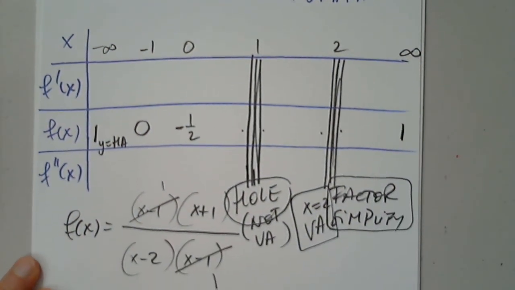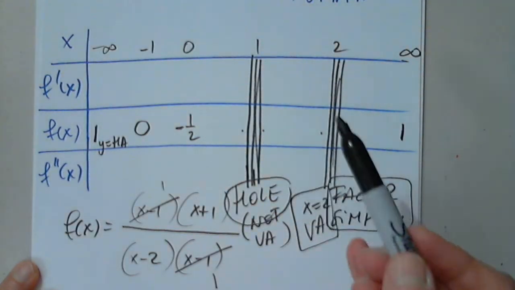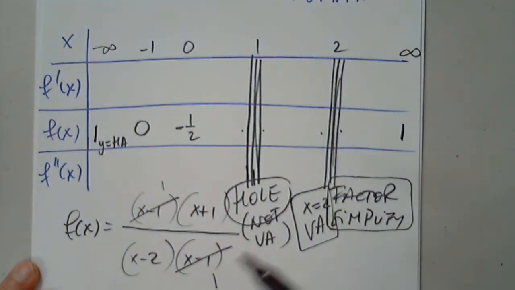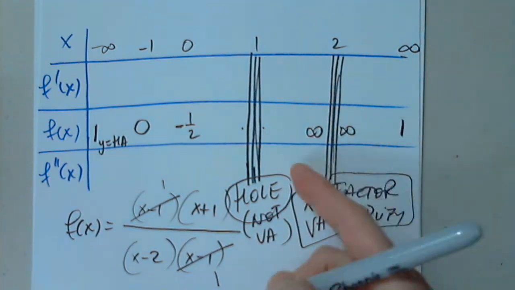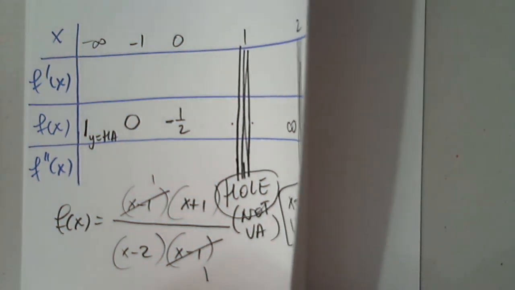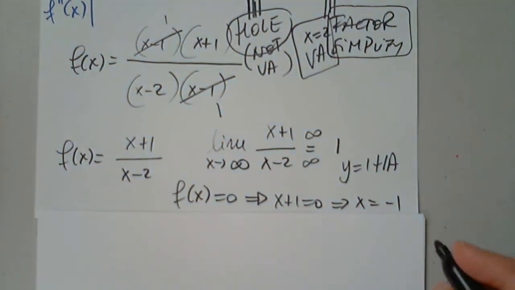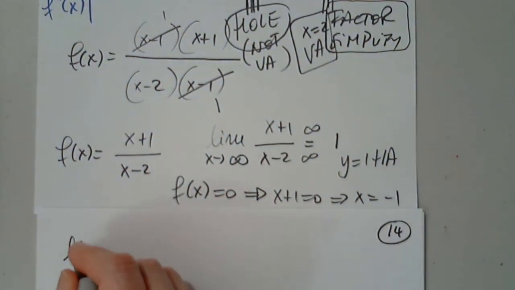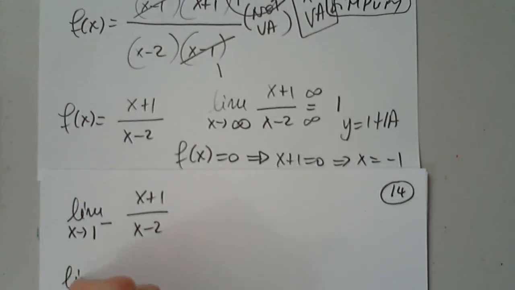Okay, so limit of this to the left of 1, limit of this to the right of 1, limit of this to the left of 2, limit of this to the right of 2. I already know that these have to be infinities, but I don't know the sign. So limit as x approaches 1 from the left of x plus 1 over x minus 2, and limit as x approaches 1 from the right.